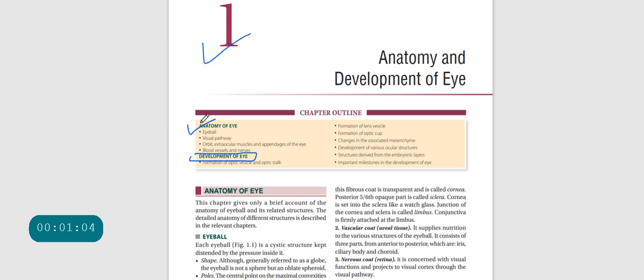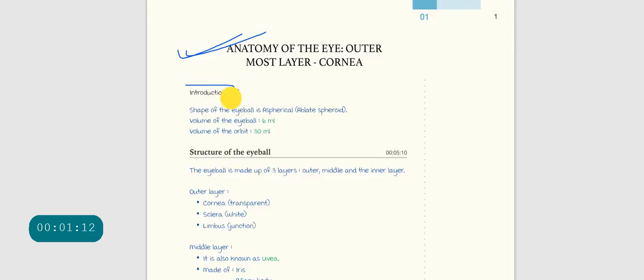So anatomy of the eye we are going to discuss first. What is the introduction to the eye? We are going to discuss the shape and the volume of the eyeball and what the orbit is. What is the shape of the eyeball? It is aspherical, very important, or you can say an oblate shape or oblate spheroid.